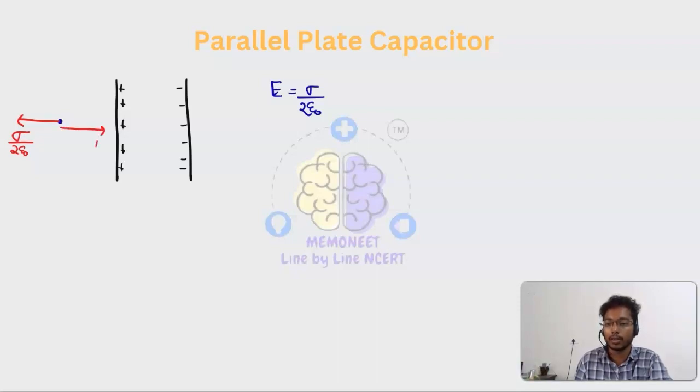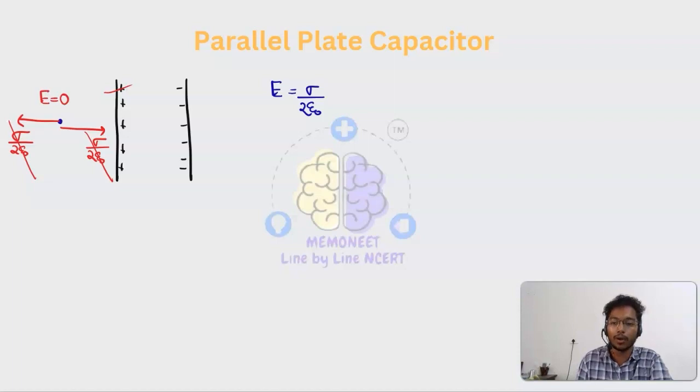The minus is because of the direction. These two have the same value, so they will cancel out. So the electric field in this region will be 0.